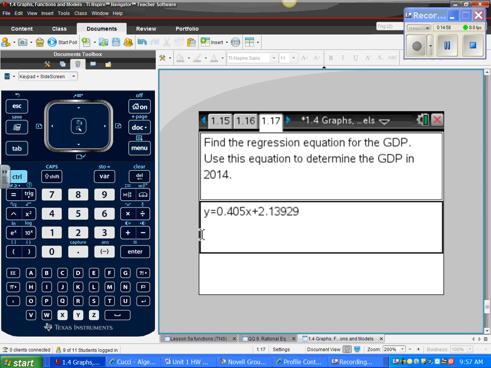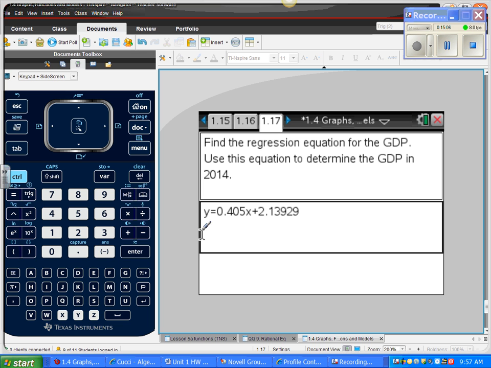If I'm looking for the value in 2014, remember our years are determined by years since 1980, with 0 being 1980. So 1980 to 1990 gives us 10, 2000 gives us another 10, 2010 gives us another 10, and then 4. So we're talking 34 years in, with our variable for number of years being our x.